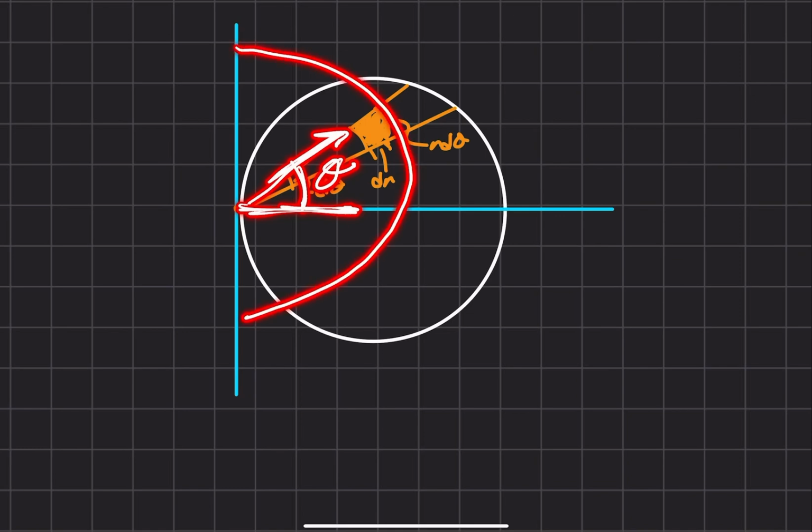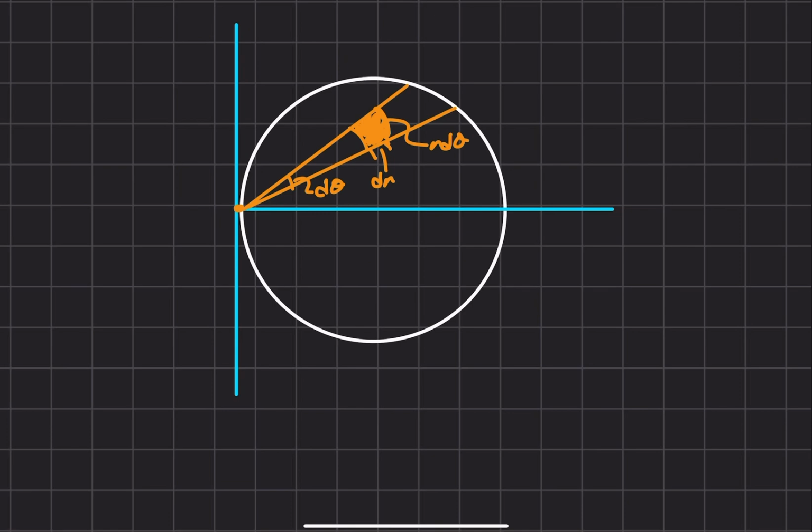So theta goes from pi over 2 to negative pi over 2, and that makes sense. That's our limit of integration for theta.